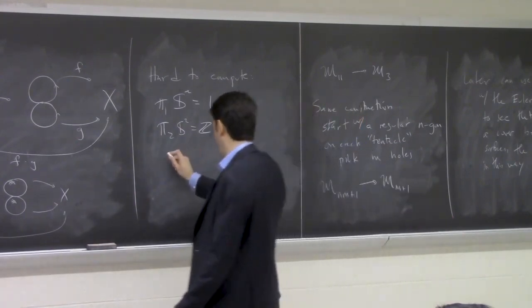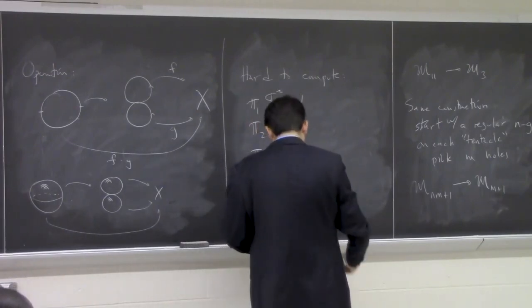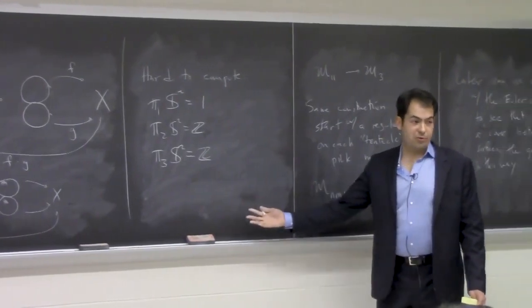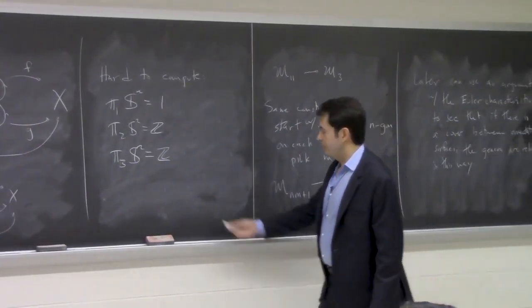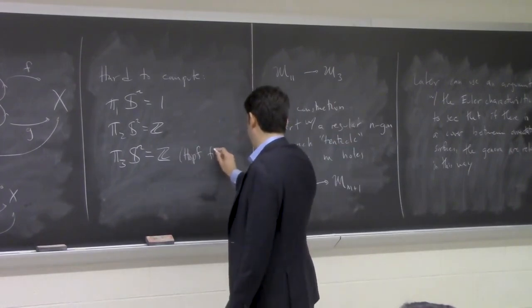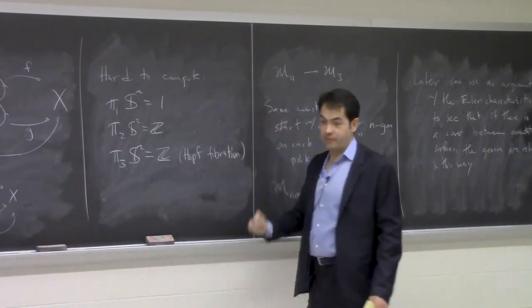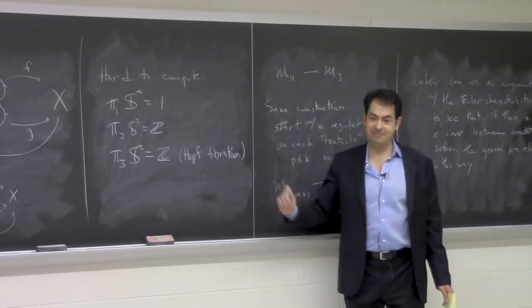So here's what's wrong. Pi3 of S2 is also Z. So there are three-dimensional holes in the two-dimensional sphere. This is generated by the Hopf fibration. If you have not heard of that, you should definitely go check out YouTube videos of the Hopf fibration.